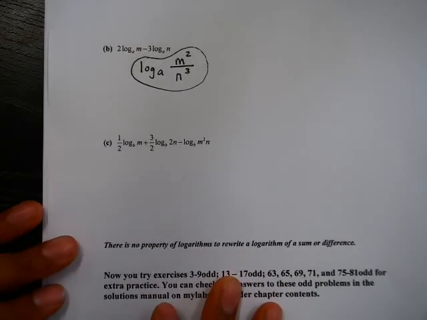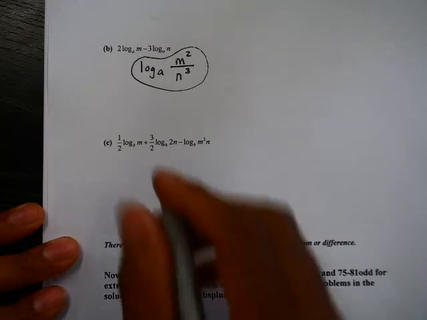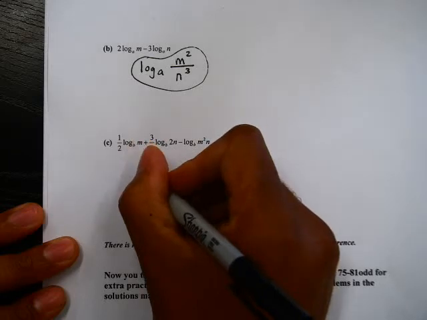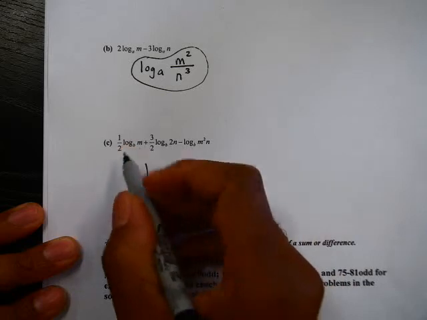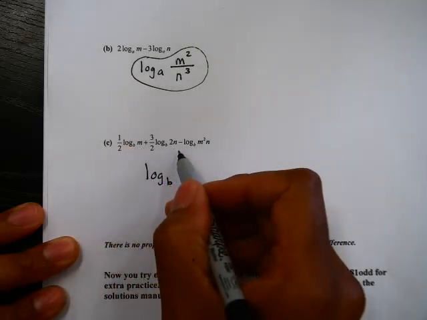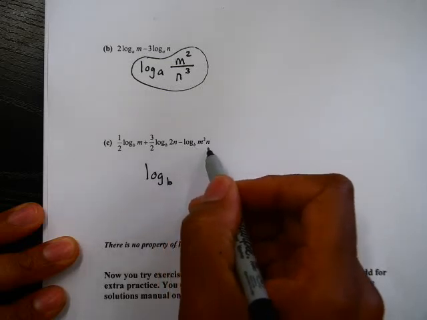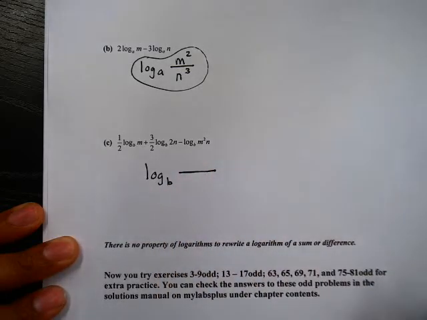Alright, and let's look at c. We have 1/2 log base b of m plus 3/2 log base b of 2n minus log base b of m squared n. All of those are log base b, so I'm going to write this under 1 log base b. Since I see that minus, I know I'm going to have something at the top of my fraction bar, something at the bottom.